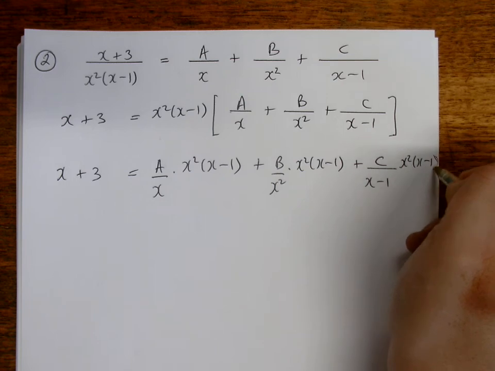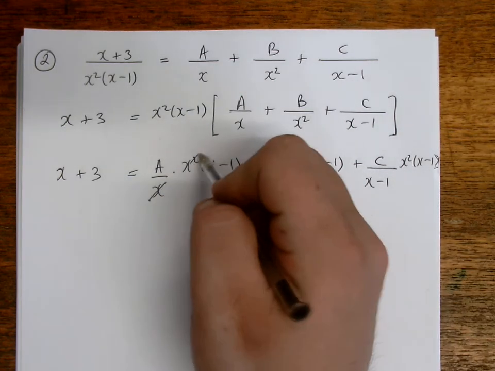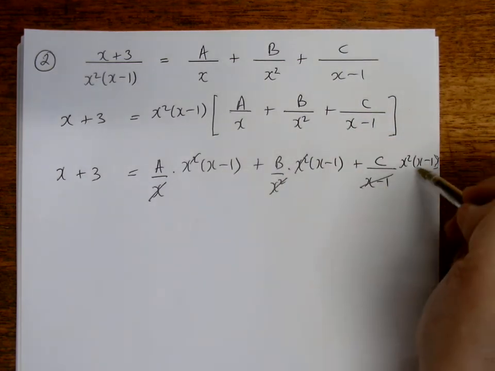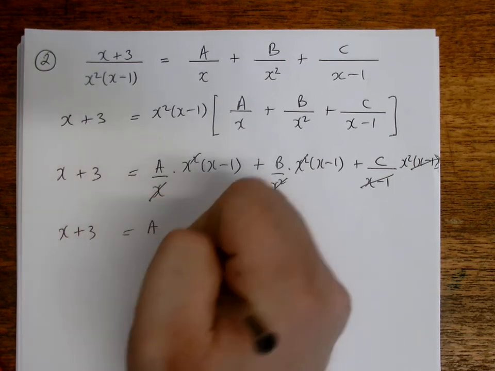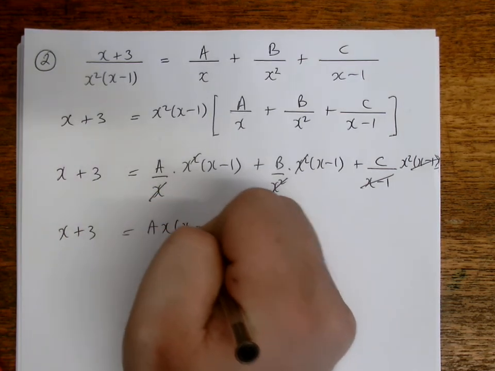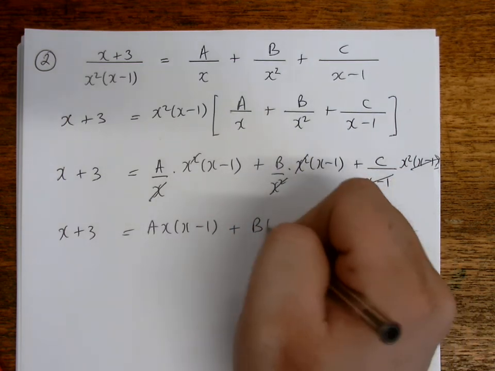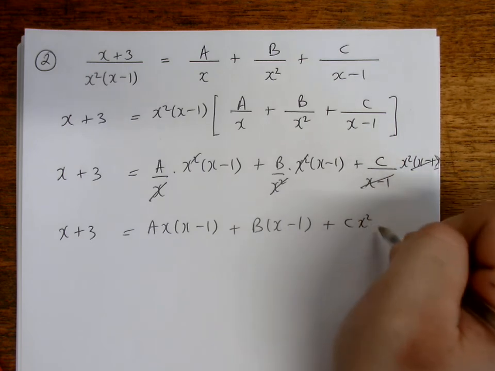Just about squeeze it in there. So let's see what cancels here. This time the x cancels with the square there, the x squareds cancel completely there, and the x minus 1 is cancelled here. So you're left with x plus 3 equals a, x minus 1, plus b, well they've gone, so it's just x minus 1, plus c, just x squared.